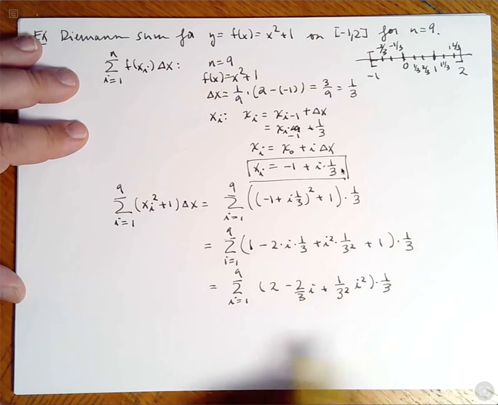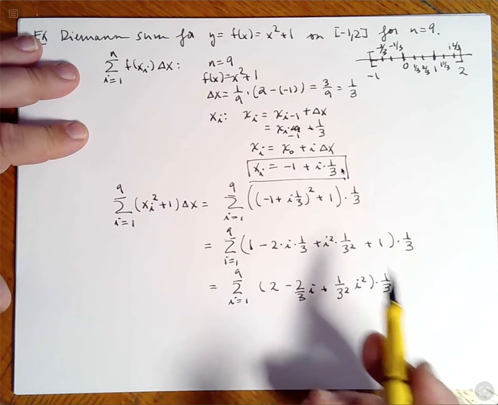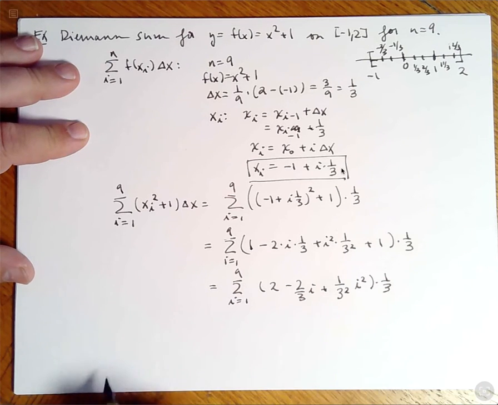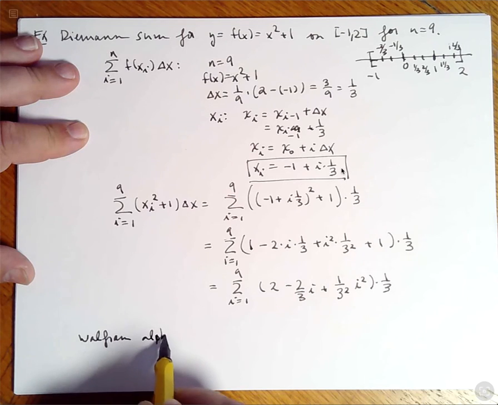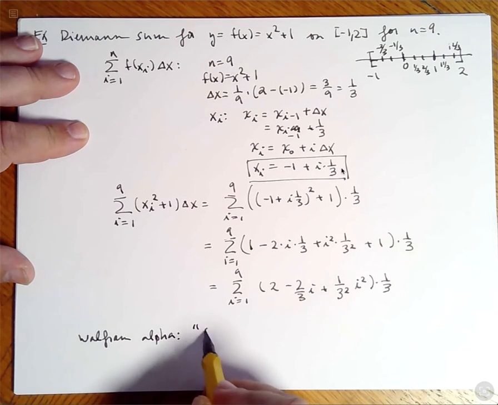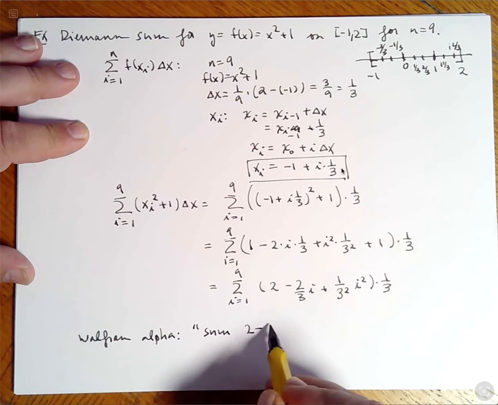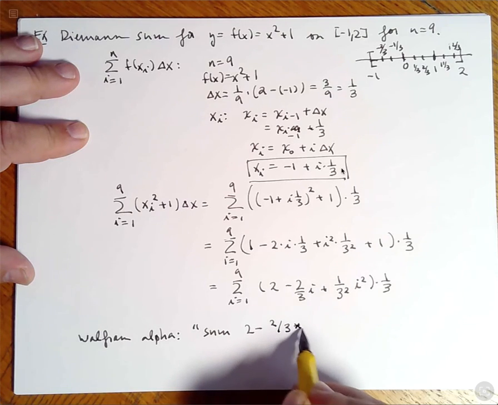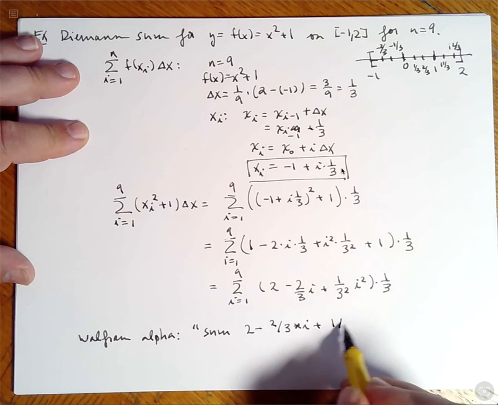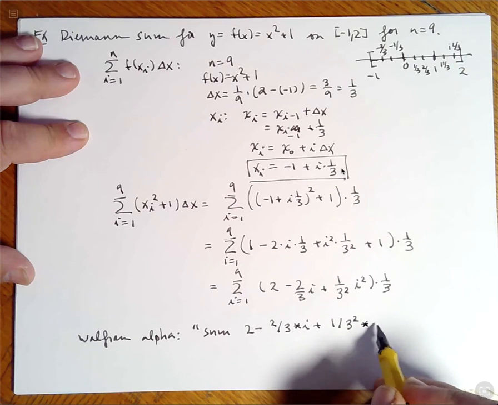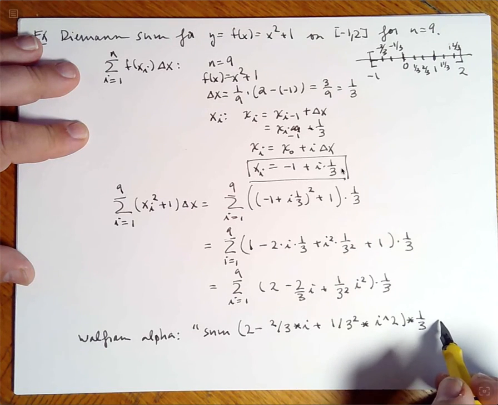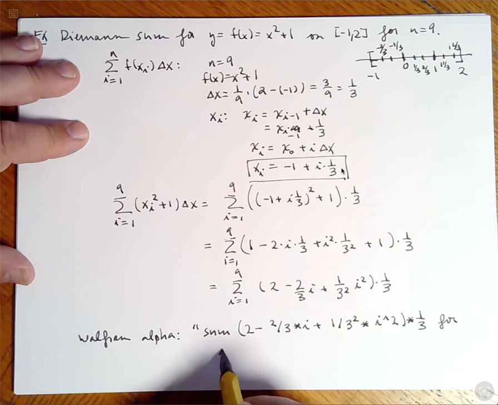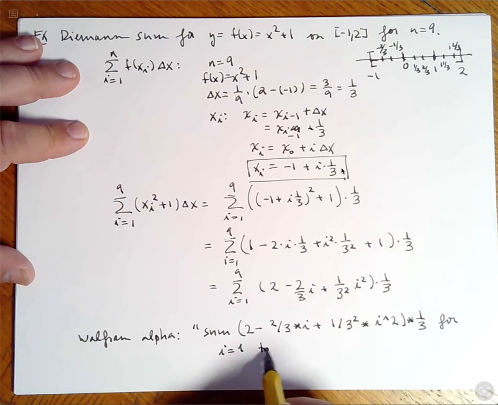If we want to figure out what this value is, like I did in the previous example, we're just going to throw this into Wolfram Alpha. So for this, I would type sum 2 minus 2 divided by 3 times i plus 1 divided by 3 squared times i squared, and I put that in parentheses, and I put a times 1/3, for i equals 1 to 9.